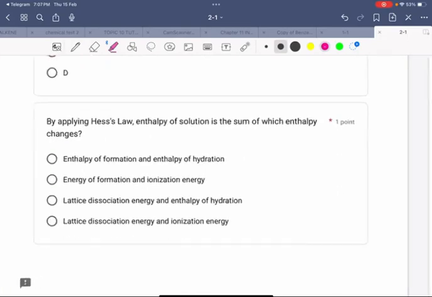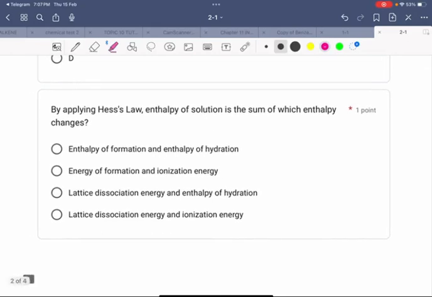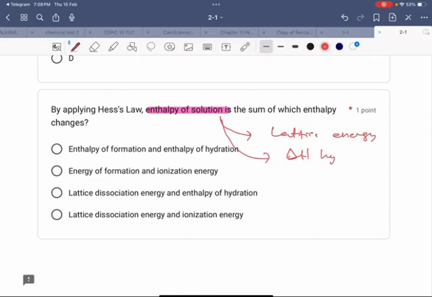Next question. By applying Hess's law, enthalpy of solution is the sum of which enthalpy changes? By applying Hess's law, the enthalpy of solution is the sum of the enthalpy changes. For enthalpy of solution, it involves lattice energy and also delta H hydration.